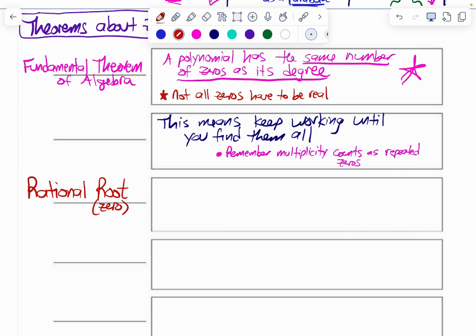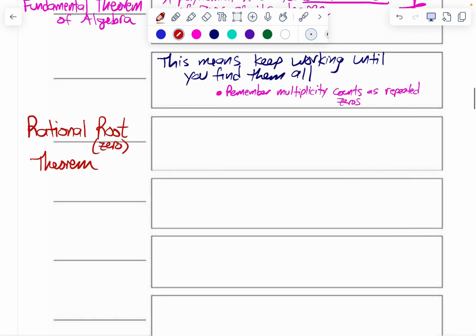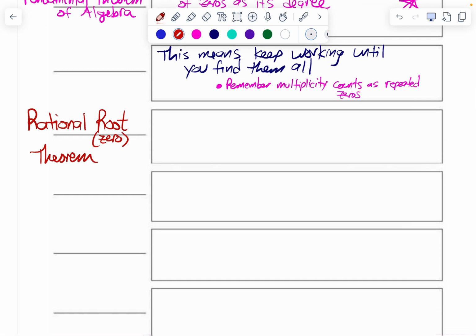Root or rational zero theorem. Roots and zeros mean the same thing, if you haven't picked that up. Okay, here's what it says.